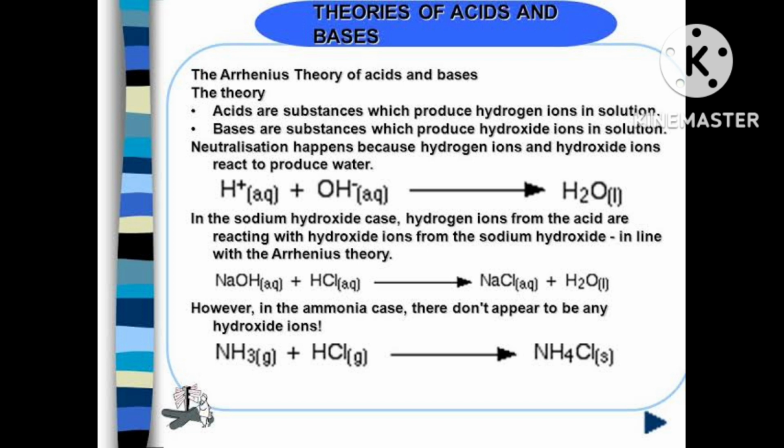H2O is functioning as a weak acid and a weak base, in both ways. H2O is a weak acid as well as a weak base. This is a very, very important thing.